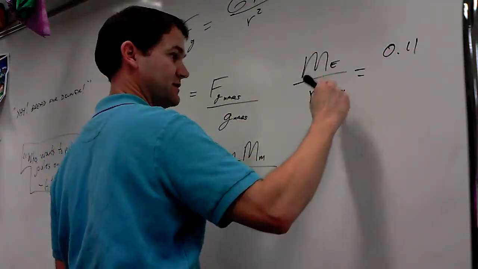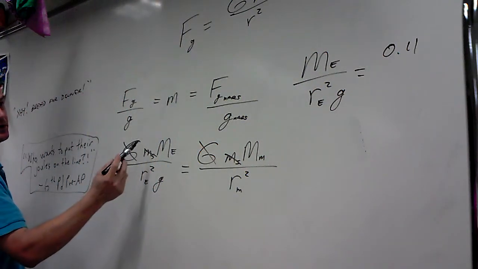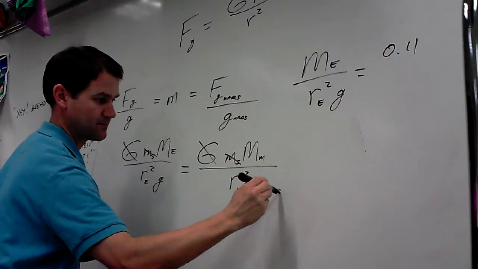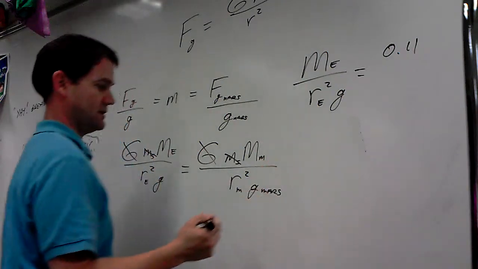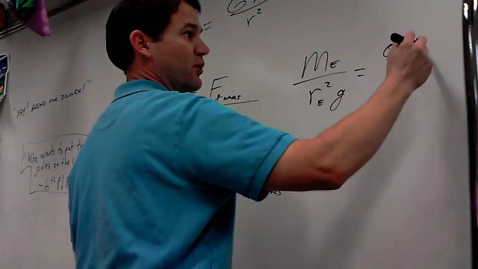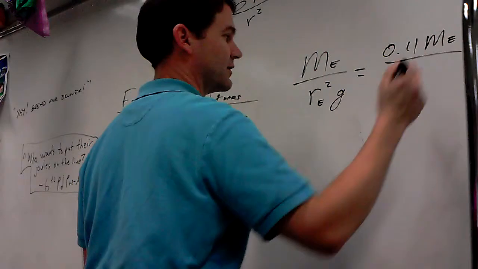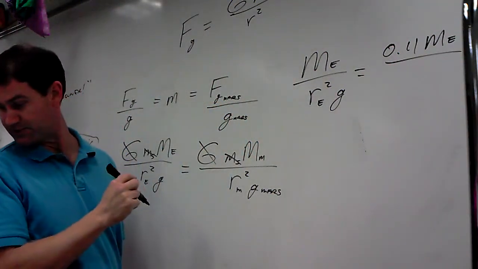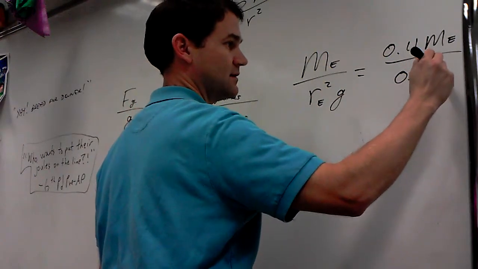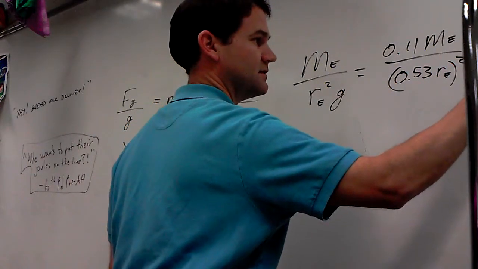Oh, I forgot the G here. G Mars, because I'm going to get G Mars in terms of this g. That's why I'm leaving it there. So 0.11 Earth masses over the radius of Mars, which is 0.53 Earth radiuses.